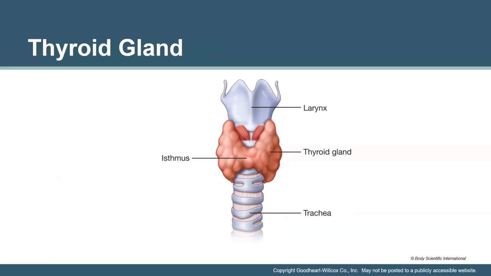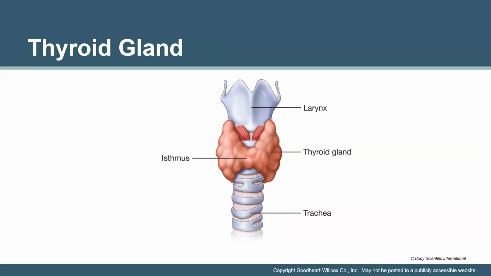The thyroid gland will secrete 3 hormones. So let's talk through some of them. It has specific cells called C cells that will produce calcitonin. Calcitonin helps regulate calcium within the blood.